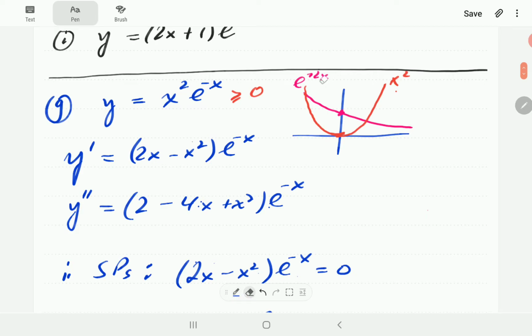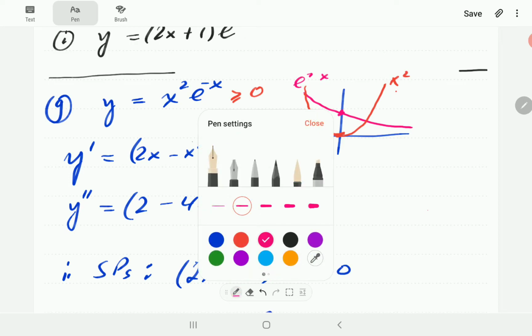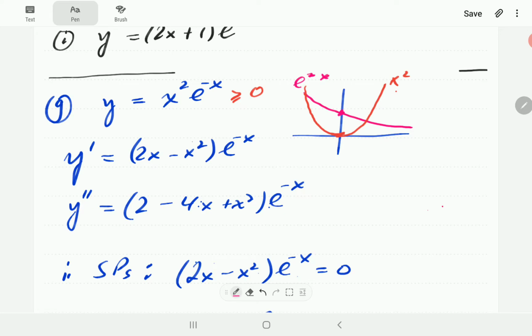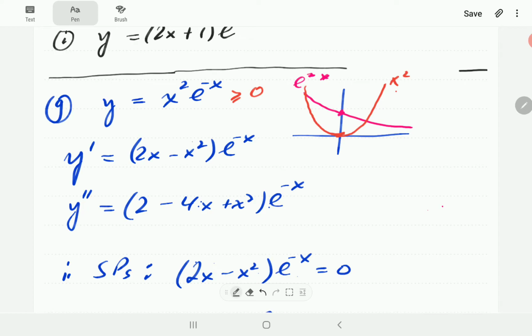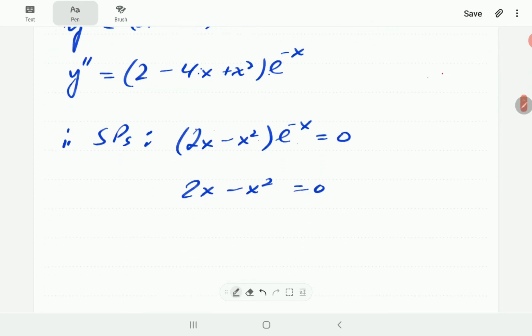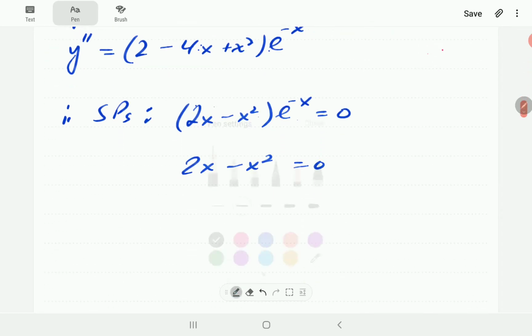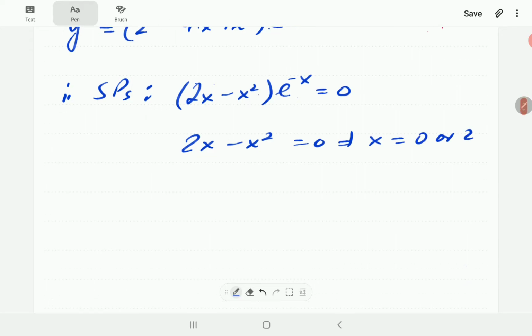Just notice here that this should be e to the negative x, not negative 2x. Let's redo that line. So this quadratic equation gives us two solutions: either x is 0 or x is equal to 2.